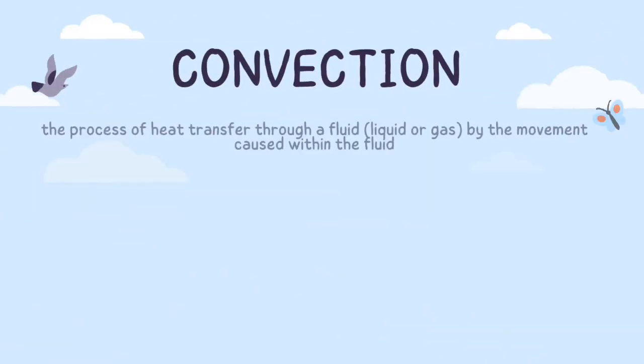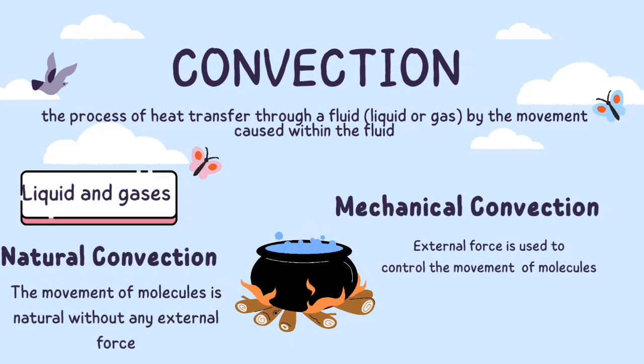Next method is convection. Convection is the process of heat transfer through a fluid, liquid, or gas by the movements caused within the fluid. This mode of transfer occurs in liquids and gases. Convection has two types, namely natural convection and mechanical convection.